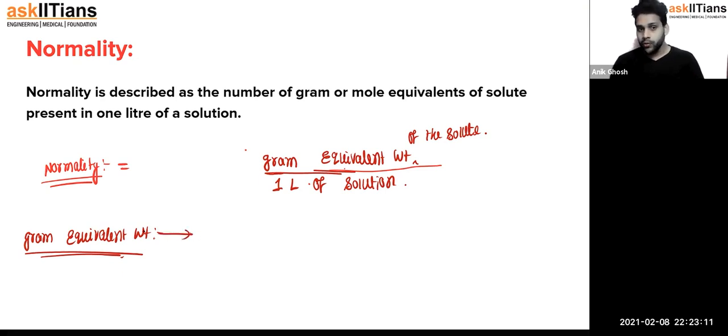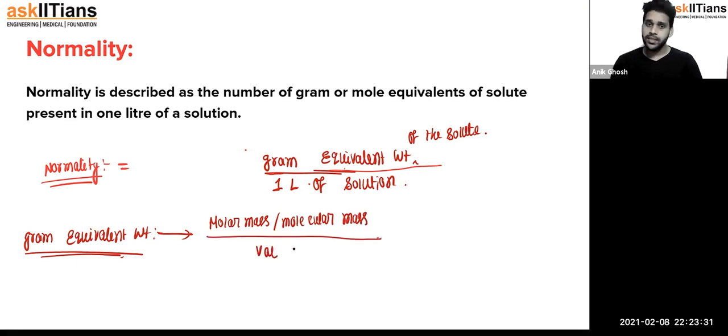You just write it like this: the gram equivalent weight is the molar mass, or the molecular mass, the gram molecular mass, divided by the valency. There are many books where they write it as an n factor, but just write valency. It is for your understanding.